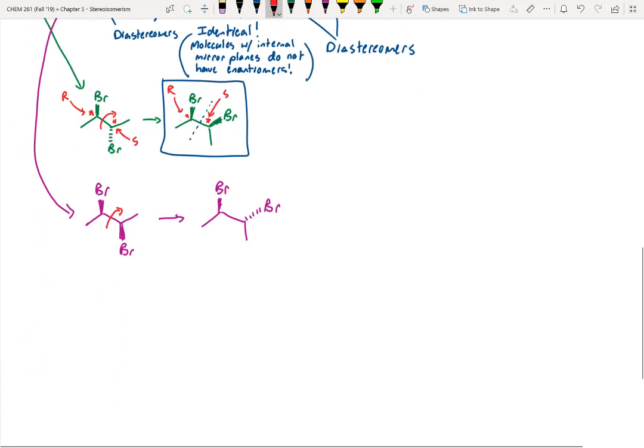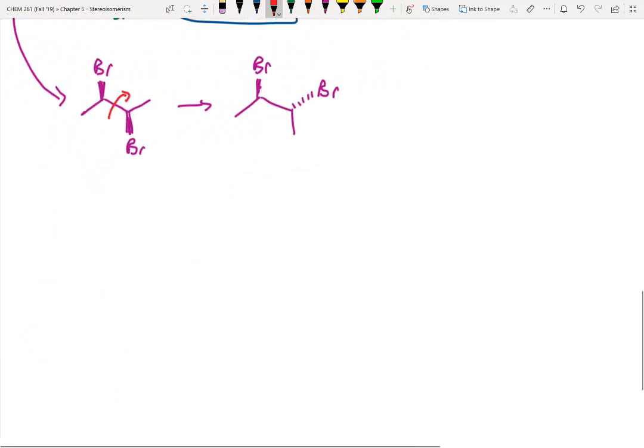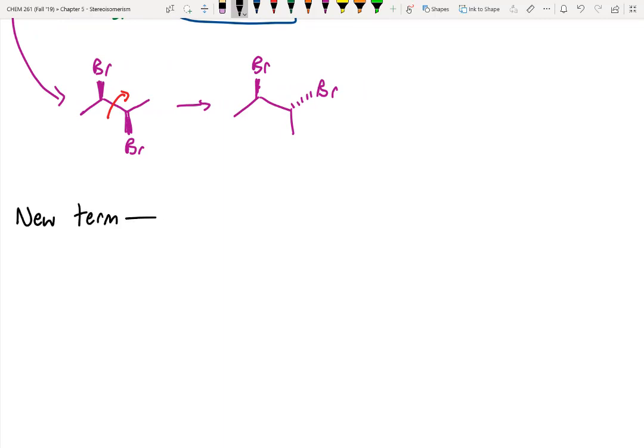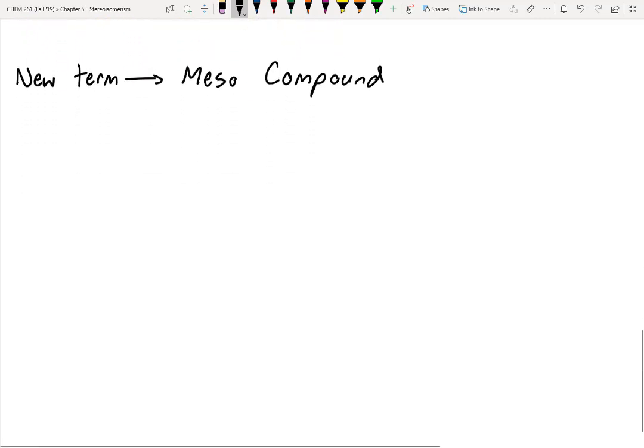All right, I've got a term I need to throw at you. And this is a meso compound. All right?